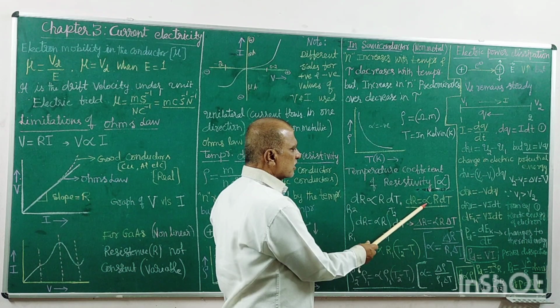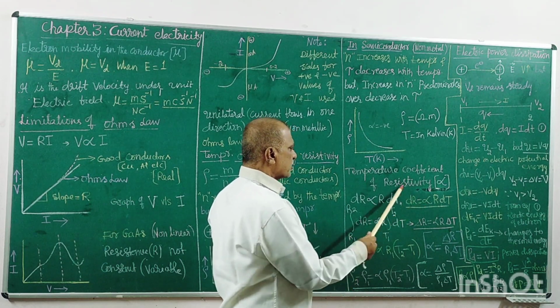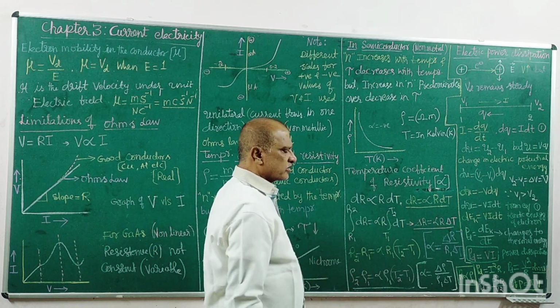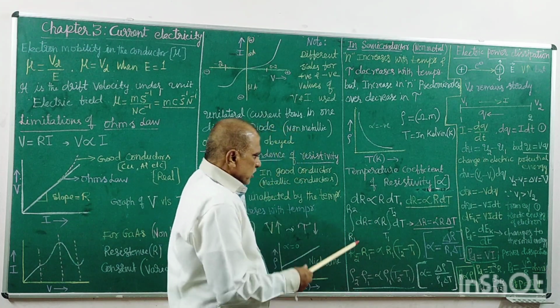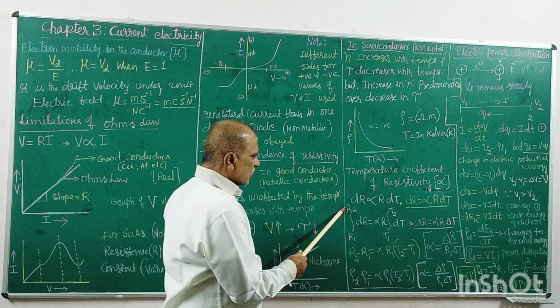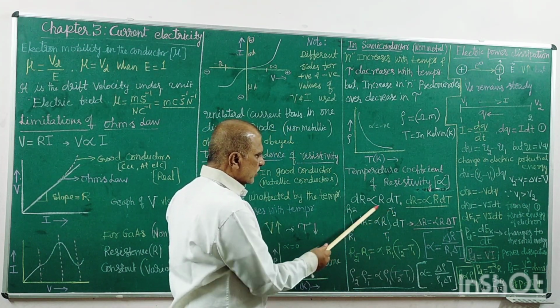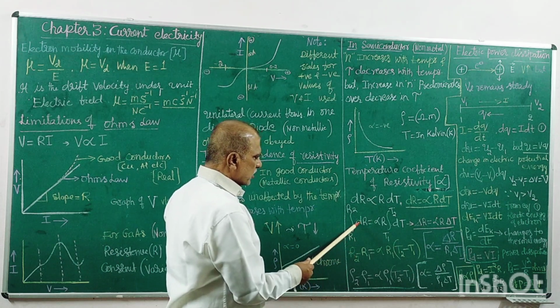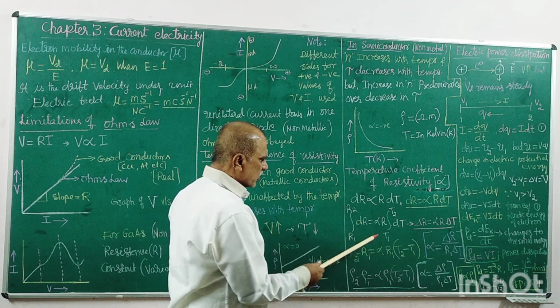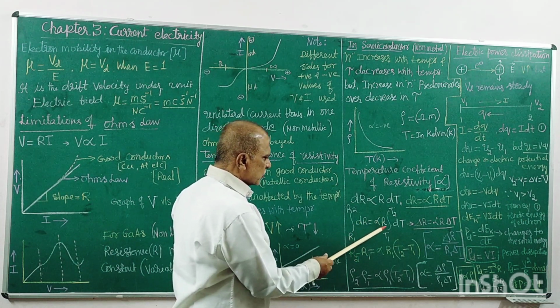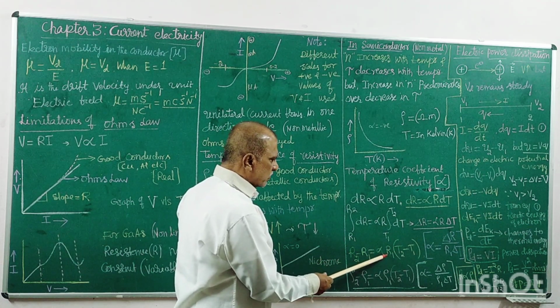Let us write it in integral form: integration of the left hand side, integration of the right hand side. Integration means the limits from initial value to final value of resistance and temperature. Integrate this and get this value: dR gives R, apply limits. These are constants, alpha times R, where R1 is taken as the initial value.